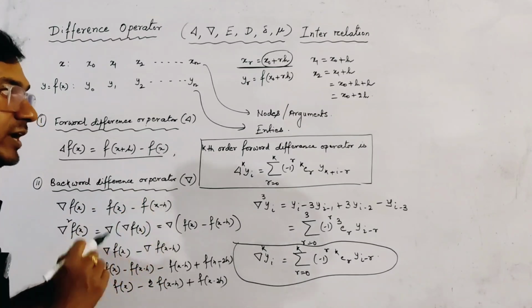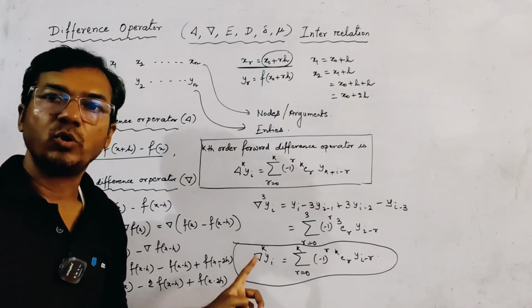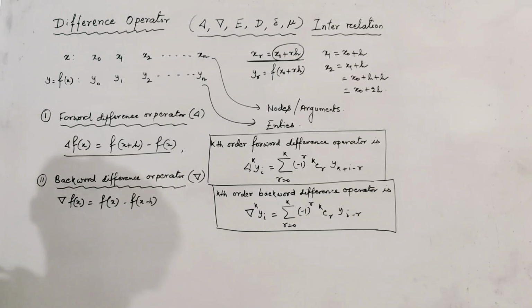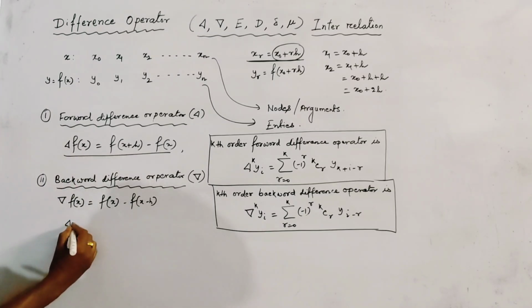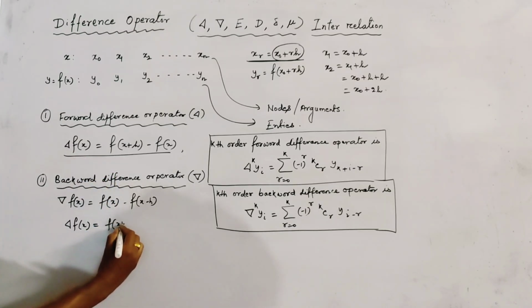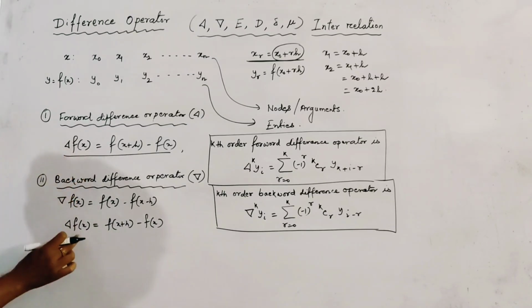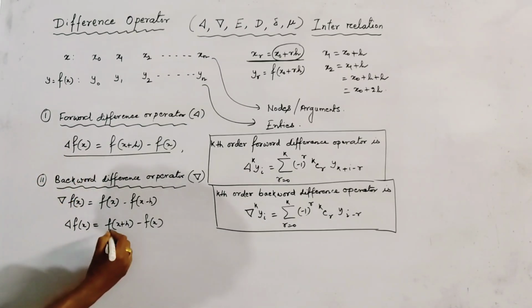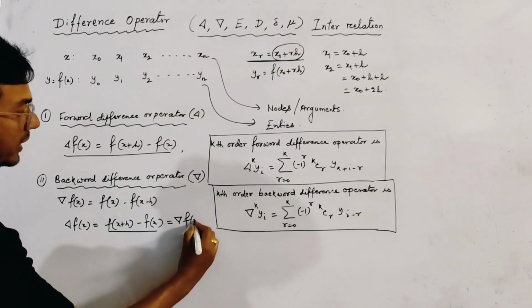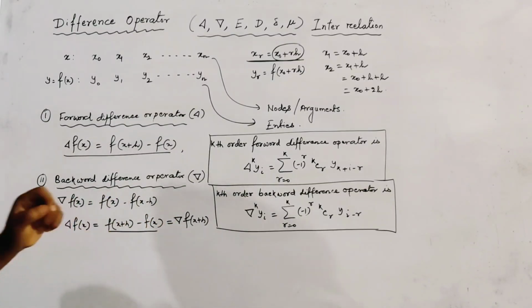Now we try to find the interrelation between the forward difference operator and the backward difference operator. From the definitions of forward difference and backward difference, it is clear that the forward difference of f of x is given by f of x plus h minus f of x, and this is the definition of nabla f of x plus h, the backward difference.